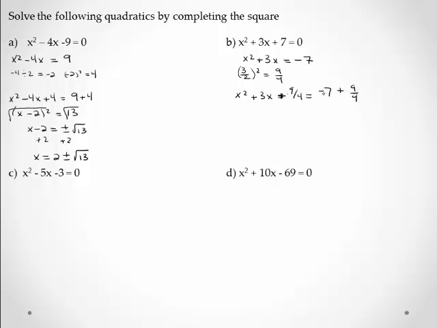Now, in order to add this, I'm going to have to make this into fourths, so it's going to be 28/4. And I'm going to have (x plus 3/2) squared is equal to negative 19/4.